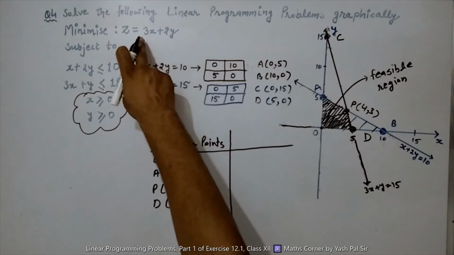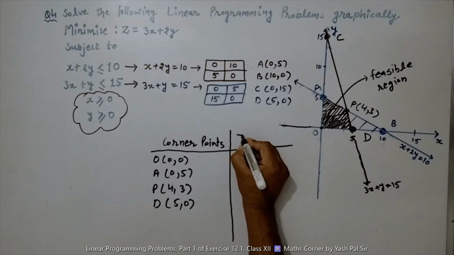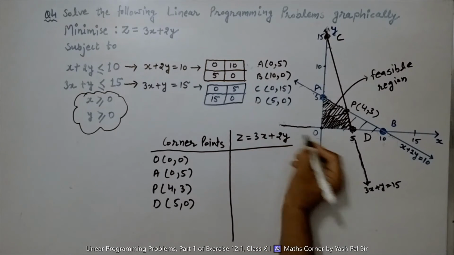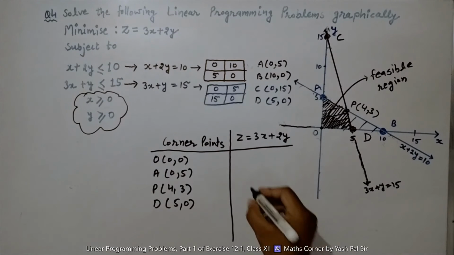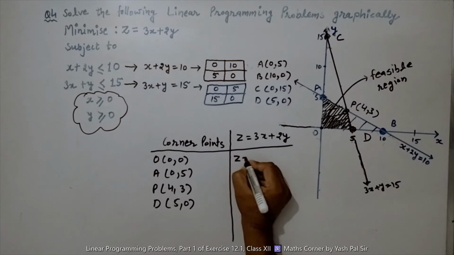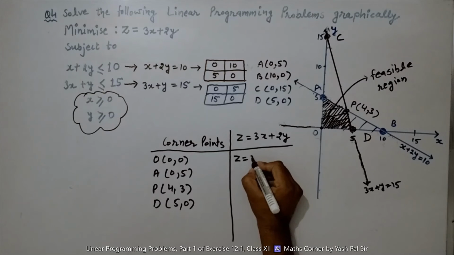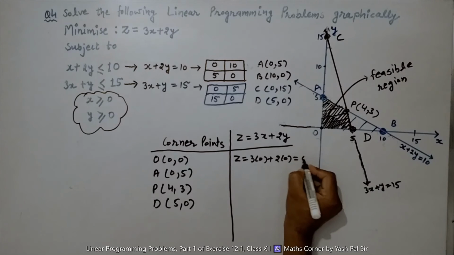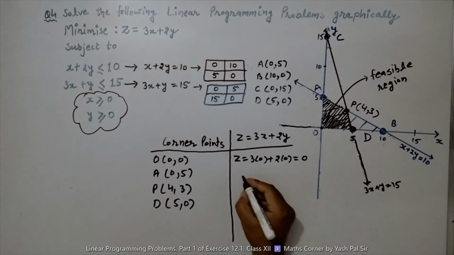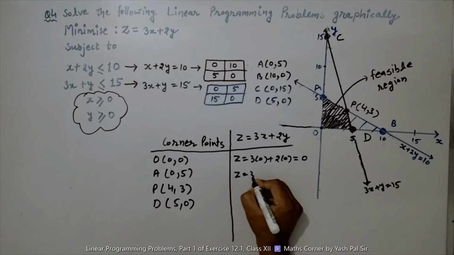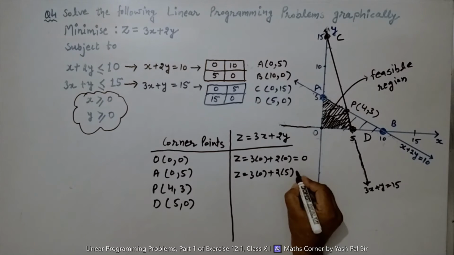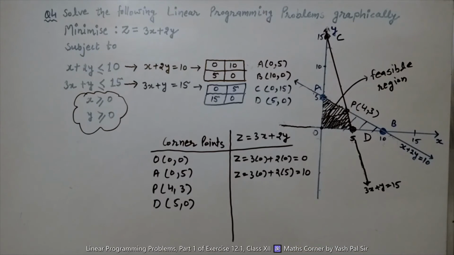We substitute these coordinates in the objective function z is equal to 3x plus 2y. So the first value of z: put x is equal to 0, 3 into 0 plus 2 into 0, answer is 0. The second time z is equal to 3 into 0 plus 2 into y is 5, so this becomes 10.